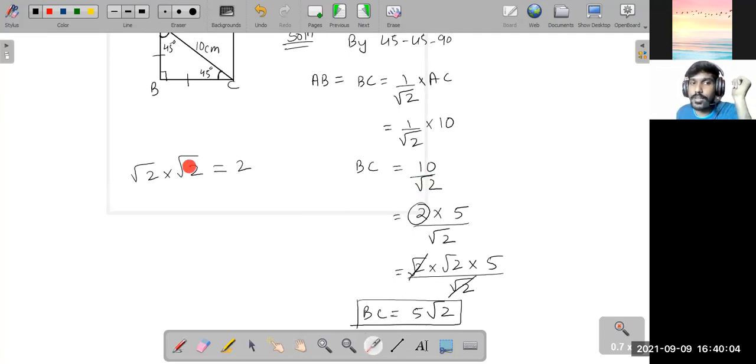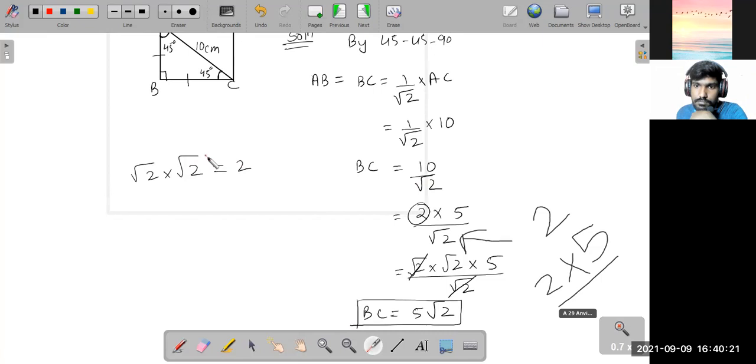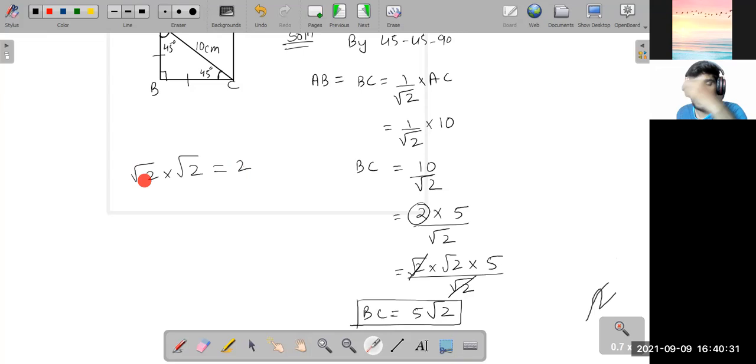Root 2 multiplied by root 2 is 2. Here there is just one root 2, which you cannot replace as 2.